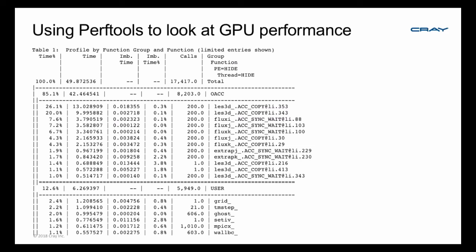The copies on 30 and 29 are the copies for before I enter the time step loop, and then the ones down below is after. But those sync waits are all waiting for the accelerator to execute the kernel. And if you look at this, this is running much faster than the OpenMP on the host. And I only ran it on 4 GPUs.